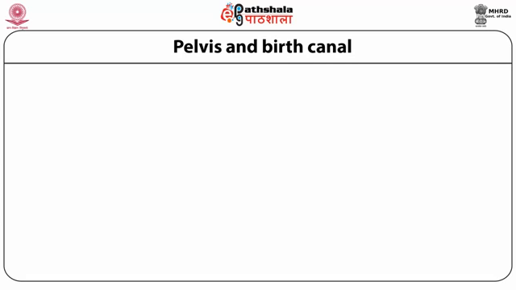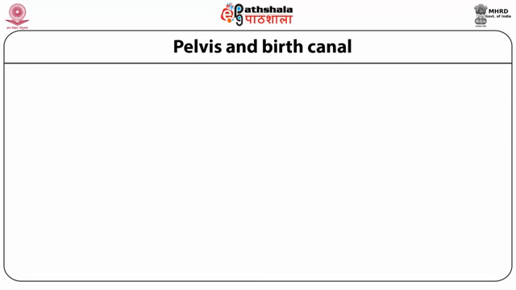Anatomically, the pelvis is made up of two innominate bones, also called os coxae. Each innominate bone is again composed of three bones: ischium, ilium and pubis. These three bones fuse together during adolescence and with the sacrum, part of the vertebral column.